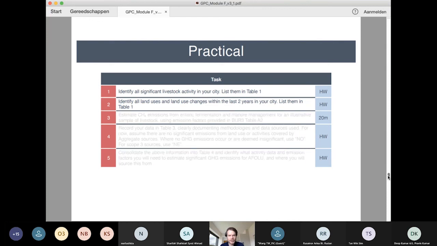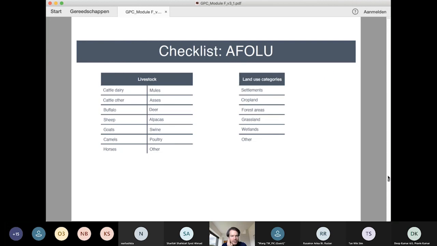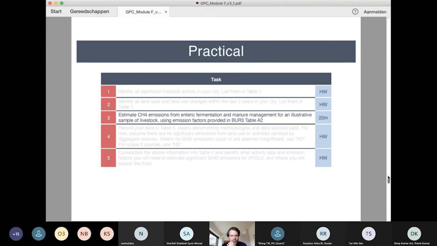So for the first exercise, again, just list the activities, livestock, land use change, or land uses and aggregate sources. You've got the checklist in the workbook as well. So livestock and land use categories. And then, yes, list them and identify them.